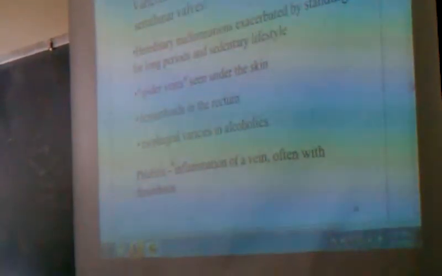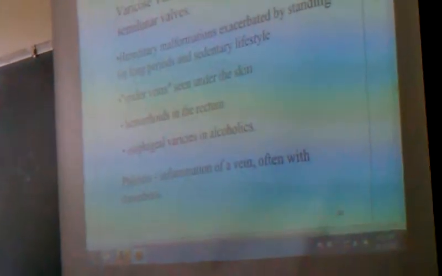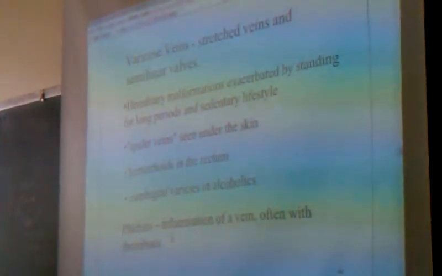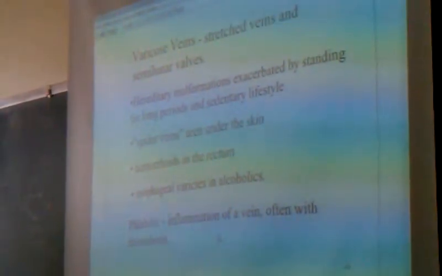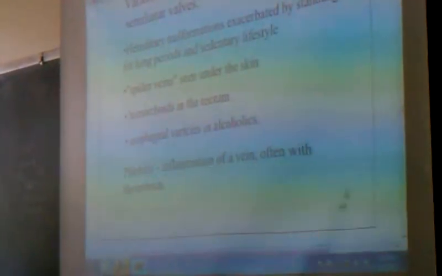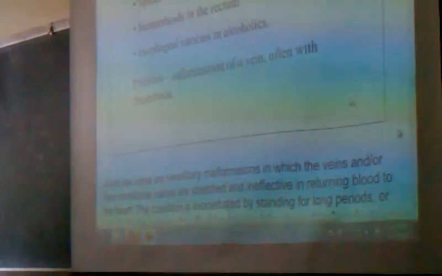And some medications can cause this. One thing that can cause it is birth control pills. And so you have to be careful, particularly above a certain age, and especially if your blood tends to form clots. Not a good thing. Not a good combination. Right?